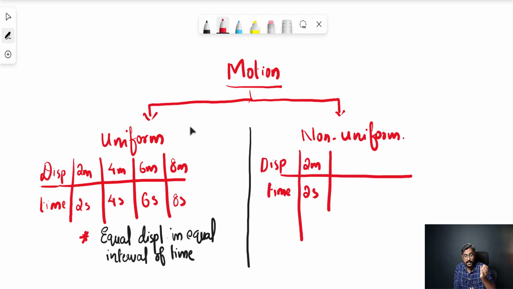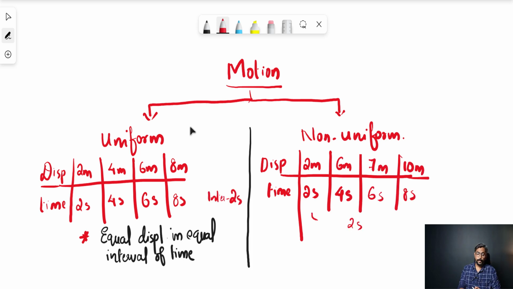Whereas if you consider another scenario, here you can see that each interval is of 2 seconds. In the previous case also, each interval is of 2 seconds. But just observe the displacement here.